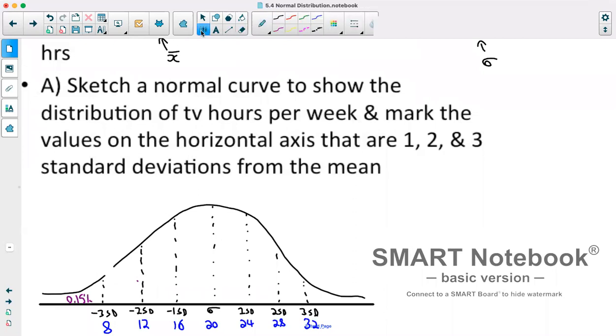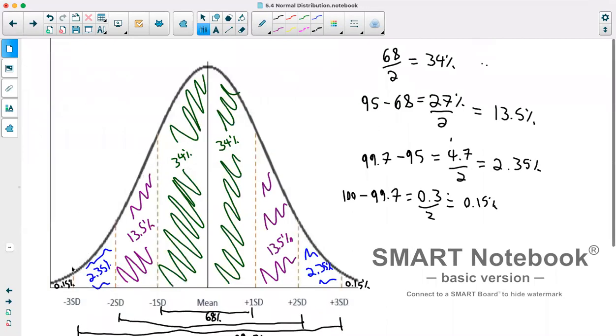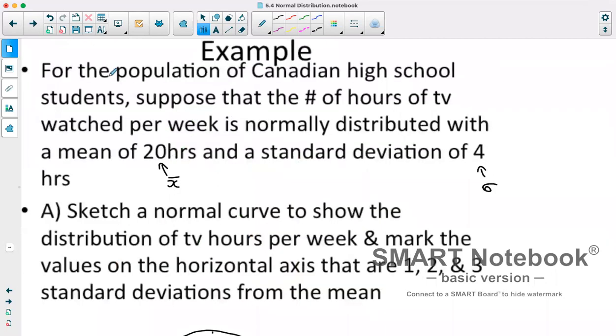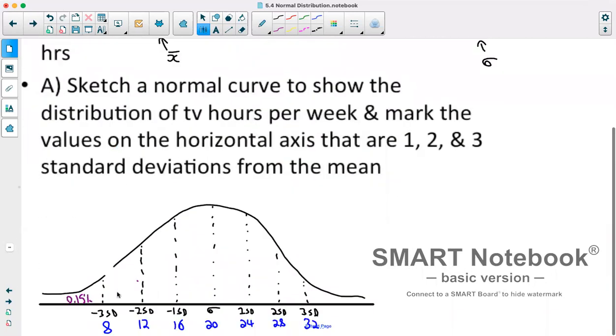That one is one more over because we had 0.15, 2.35, 13.5%, 34%, 34%, 13.5%, 2.35%, and 0.15%. Okay, so now we'll look at these questions again.